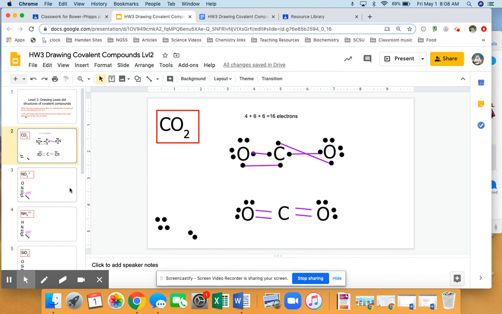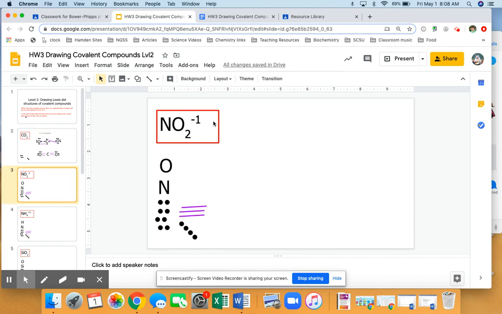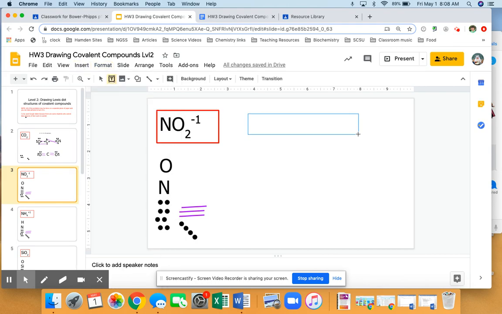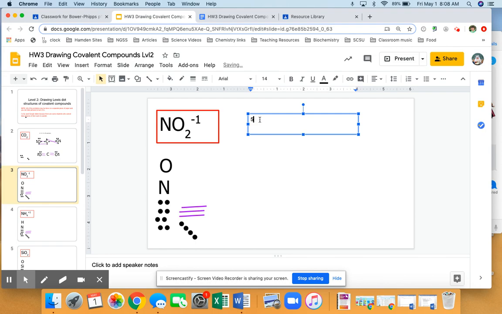Now let's try a harder example. NO2 with a -1 charge. This means that when we're doing our little electron count, it's a little bit different. So I'm going to count the electrons here for you. So nitrogen has 5 electrons plus 6 for one oxygen plus 6 for the other oxygen.